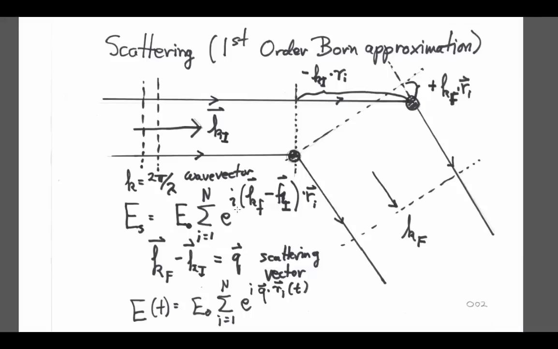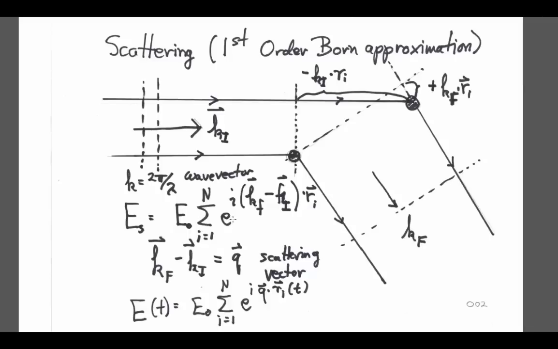The net result is that the scattered field is determined, well, E sub s is equal to E0. E0 is a bunch of constants that are determined by how good these things are at scattering light and how much incident light there is. And then each scattering from each particle has a phase that is determined by the particle's position.